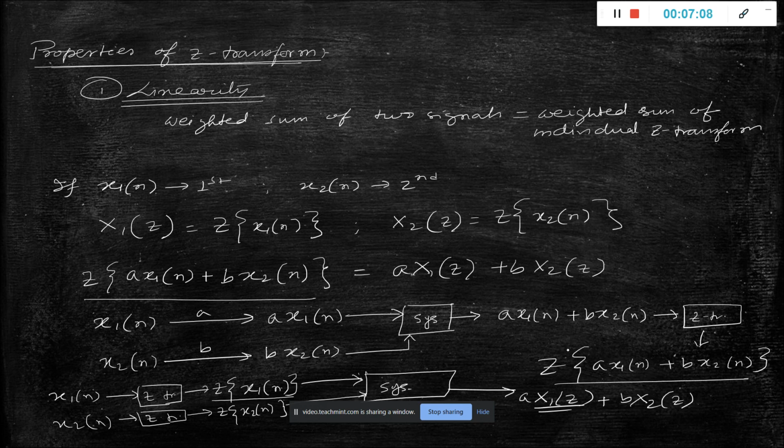So if both equations are the same and both resultants are the same, then I can say the Z transform is a linear one.